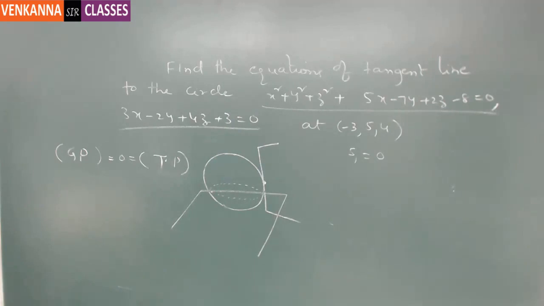So how are we writing the tangent line? By representing it by means of two planes. One plane is in the problem itself. The other plane is the tangent plane which you will calculate at the point. So in this way, we calculate the tangent line.